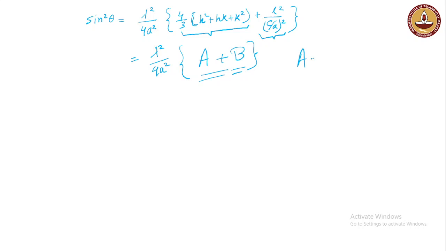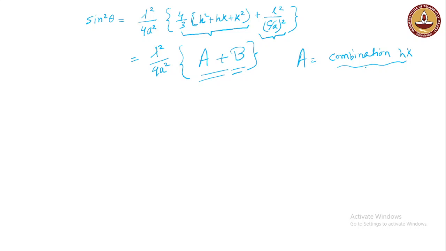A is a combination of h and k, means A is a function of h and k.